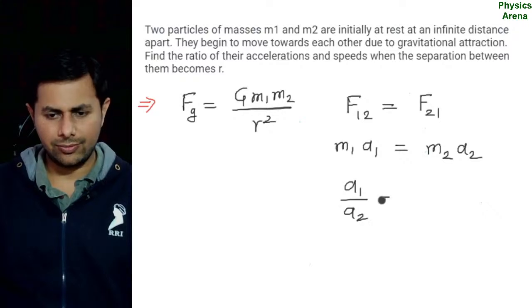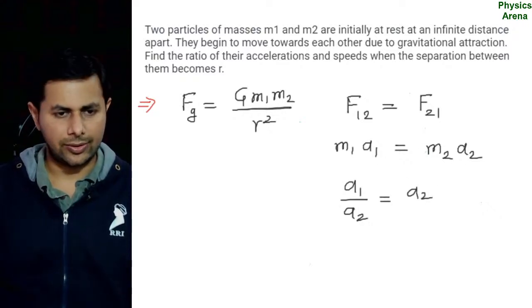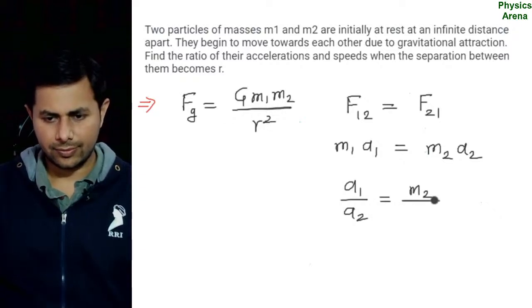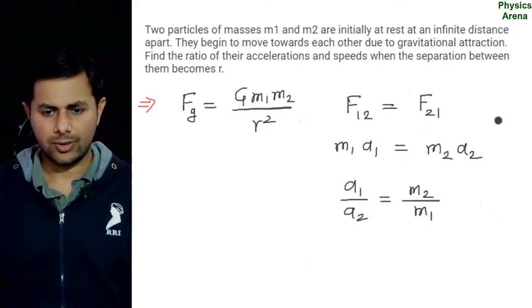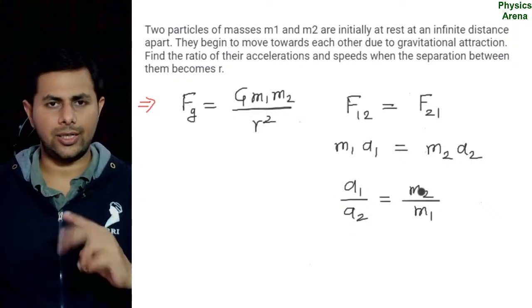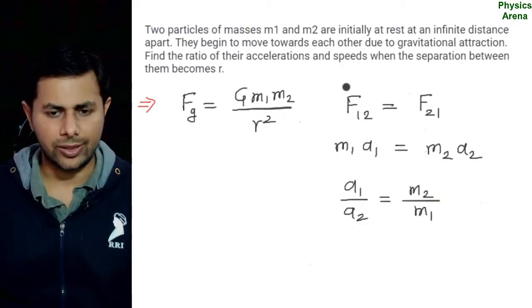A1 by A2 is just equal to M2 by M1. The ratio of accelerations A1 by A2 is the inverse of the ratio of masses, M2 by M1.